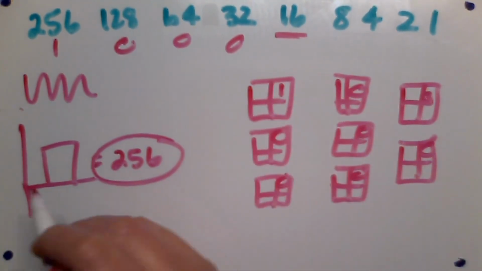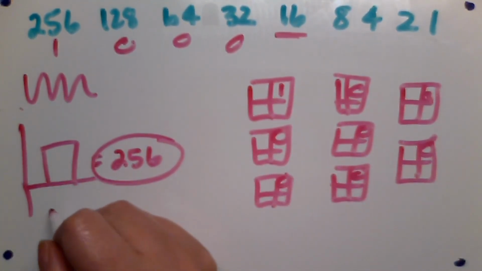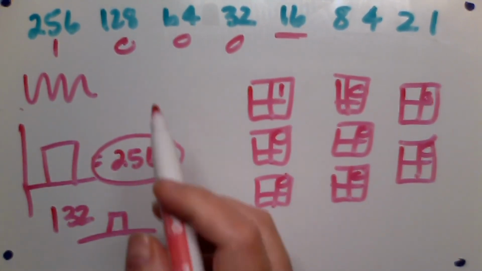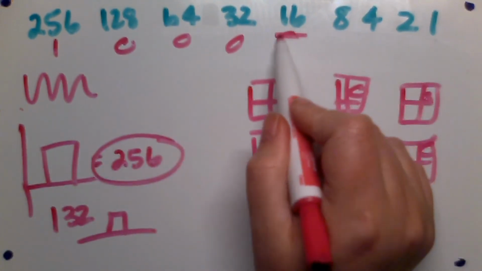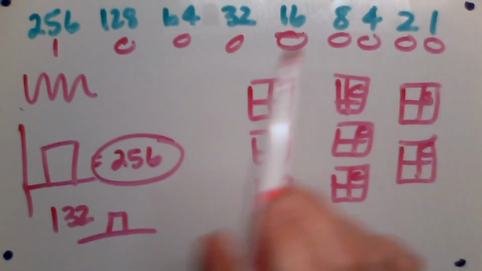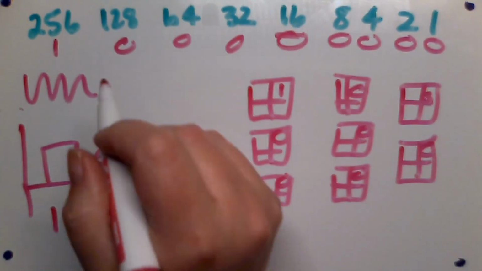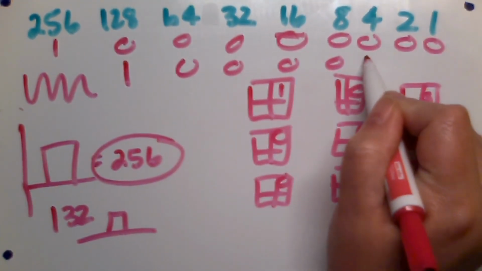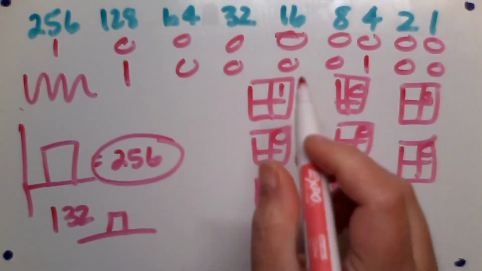Let's say then this pixel below it comes back with a number of 132. That number in binary would be 100000100.